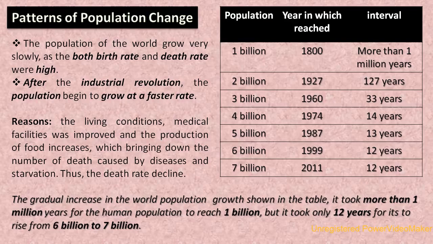Just look at the first row, 1 billion to 2 billion. It took 127 years. And look at the last two rows, 6 billion to 7 billion. It took only 12 years. So that is how much faster the population is growing.